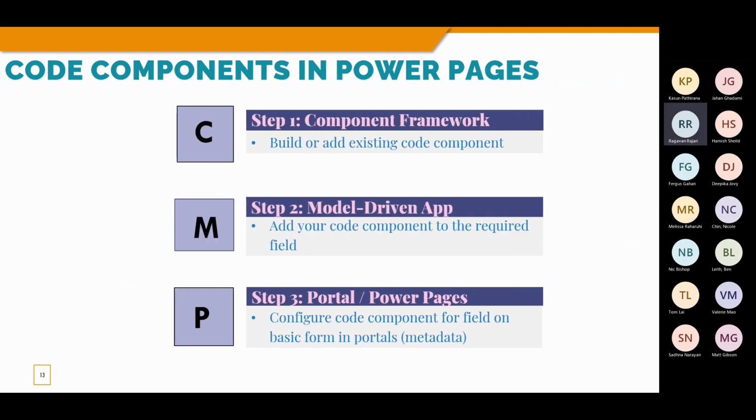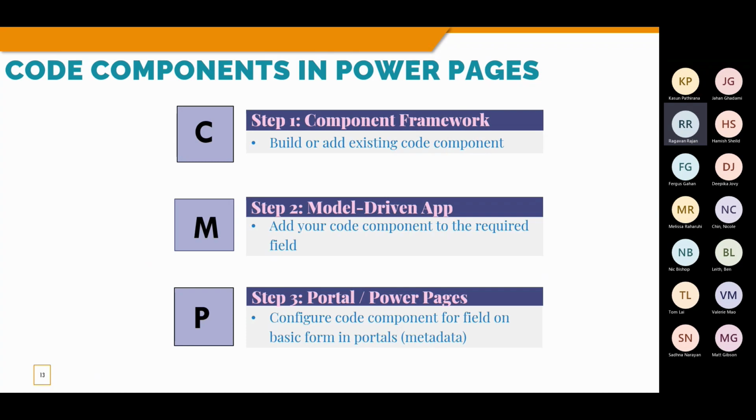So how do we actually build this code component? This is the CMP approach, a very simple approach. You can see step one, you can build your own component, or if you have an existing code component, you can take it from the PCF gallery. And if you say, this is the thing I need, then you can add your code component to the model driven app.